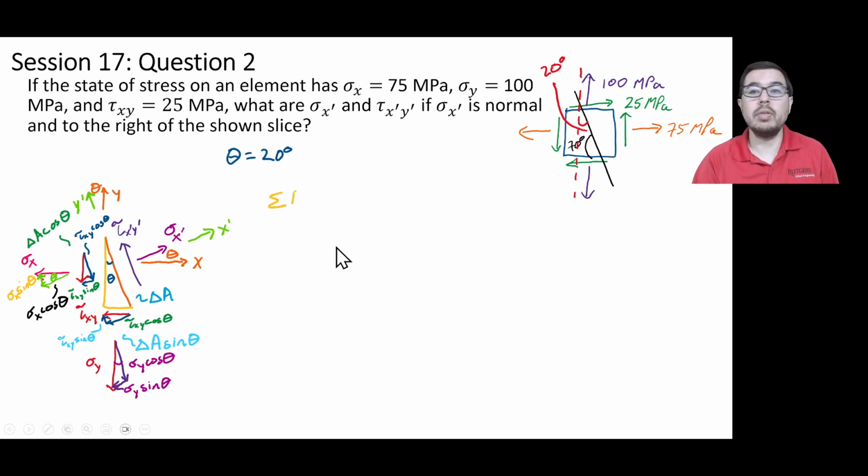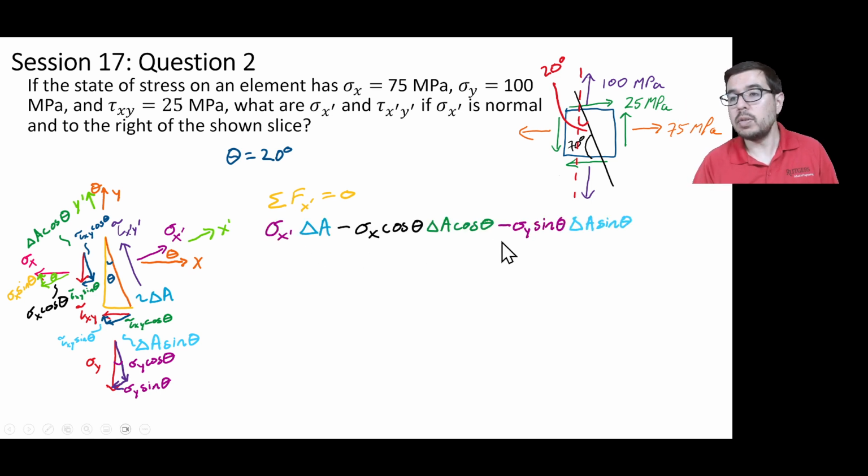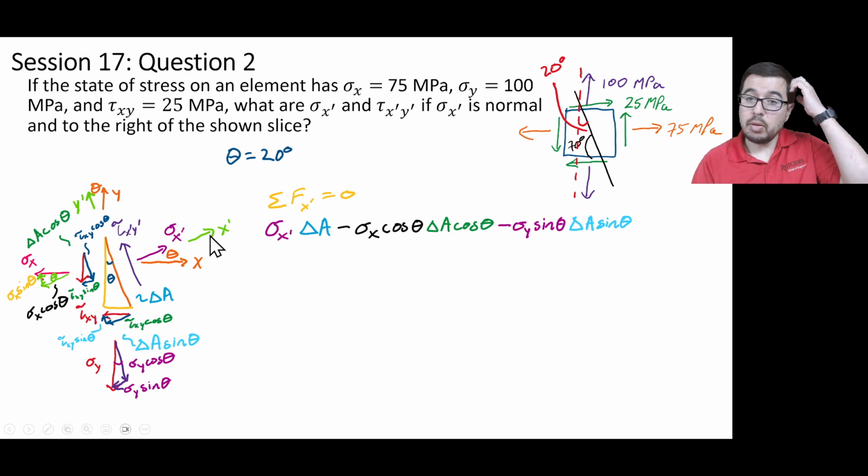So now we have a complete diagram that we can use to describe the equilibrium and the equations for such equilibrium. So we have the summation of the forces in the x prime direction equal to 0, and the first portion of this equation is exactly what we wrote for question 1. But now we're going to add components with tau xy in them. So we have to look and see that, okay, this is x prime, there's a component here that's parallel to x prime, and there's a component here parallel to x prime. Let's do this one first.